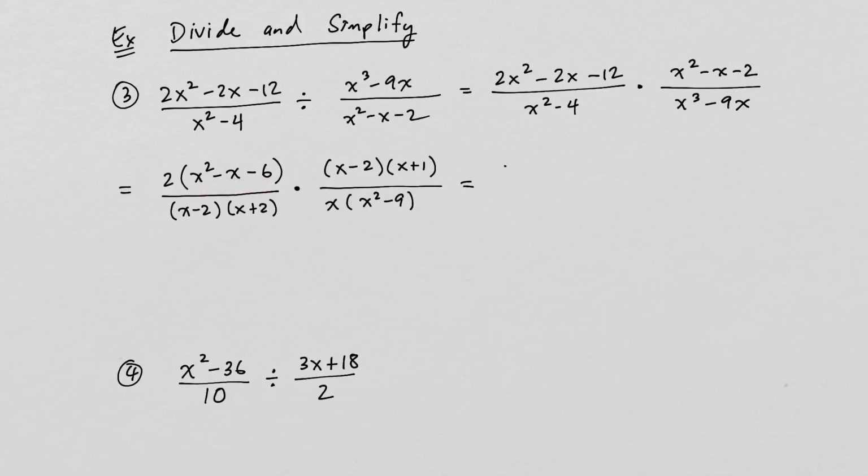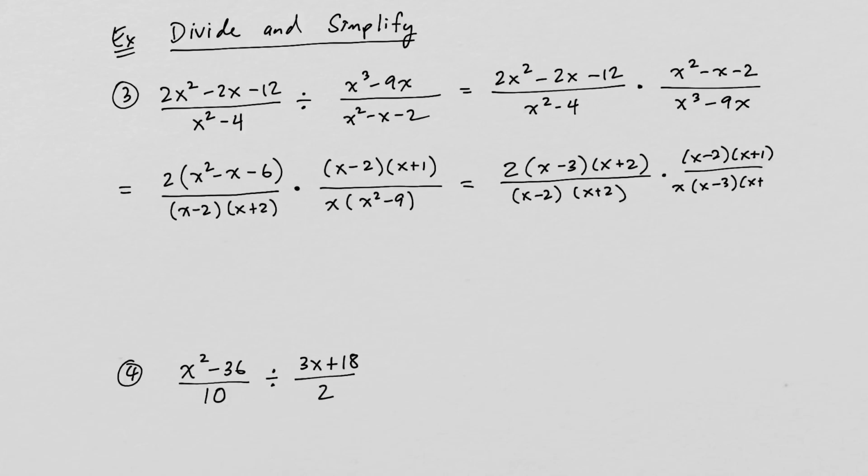And so in doing that, the numerator of the first fraction becomes 2 times x minus 3 times x plus 2. The denominator is the same. And the second fraction has the same numerator, and the denominator becomes x times x minus 3 times x plus 3.